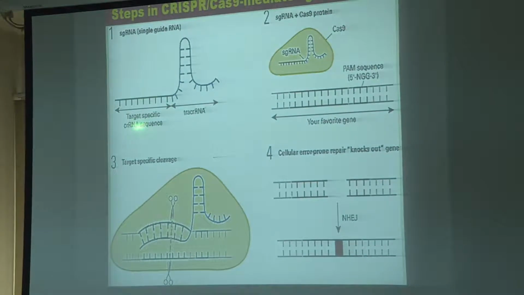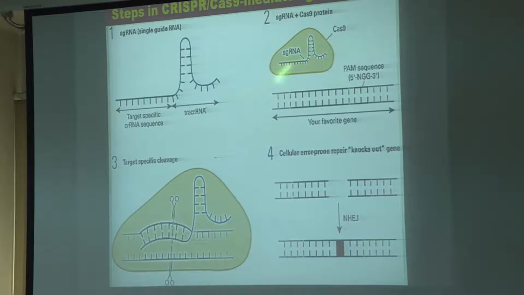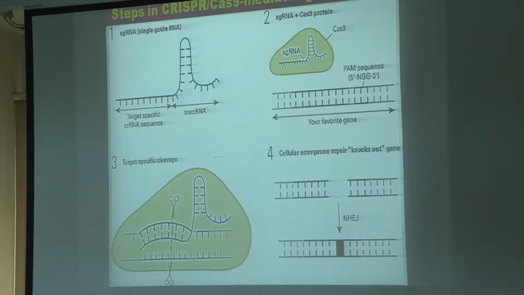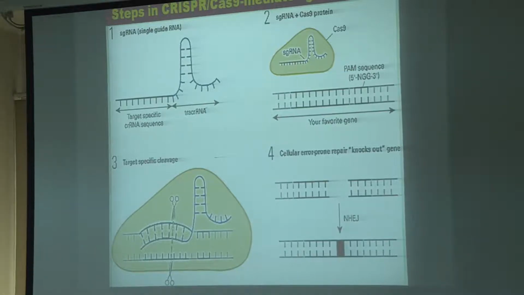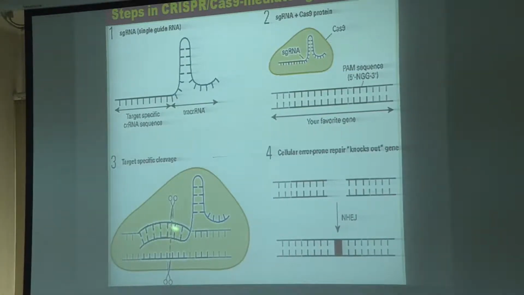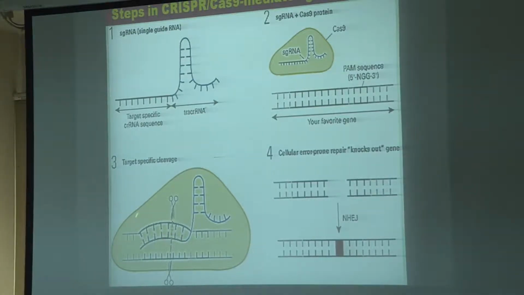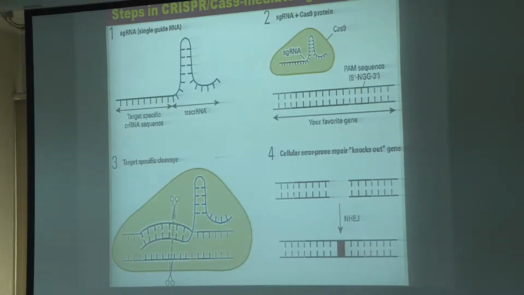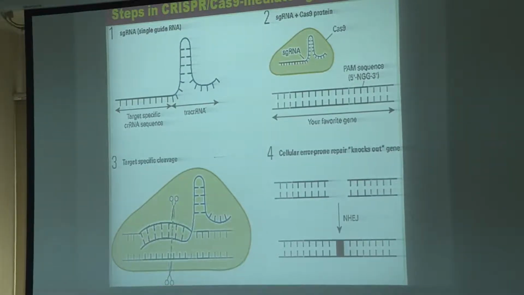So, these are the 2 components, the first component and the second component, and this is the nuclease, and here the RNA will be bound together. So, this is one complex. This RNA is going to find the place where to bind, and you can see here, it is going to find the complementary sequence. Then the nuclease will make a double stranded cut.